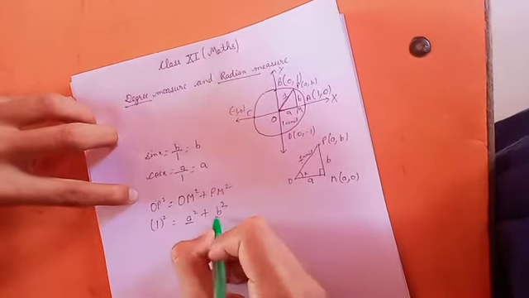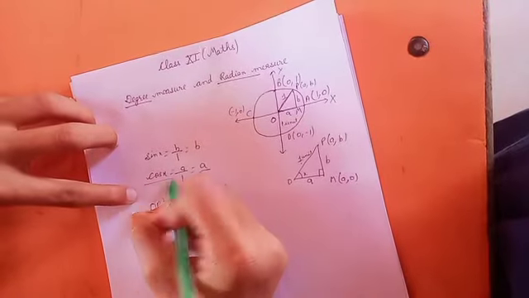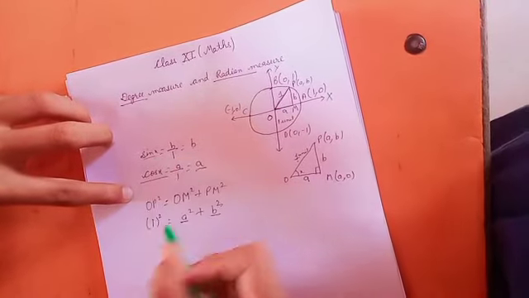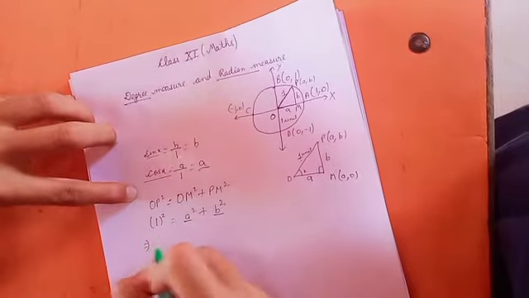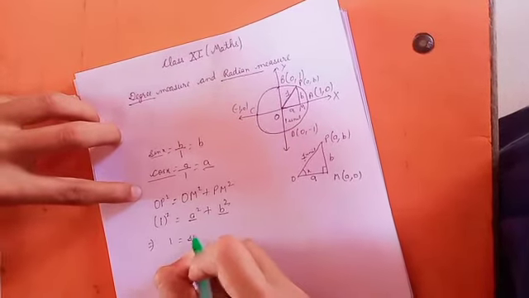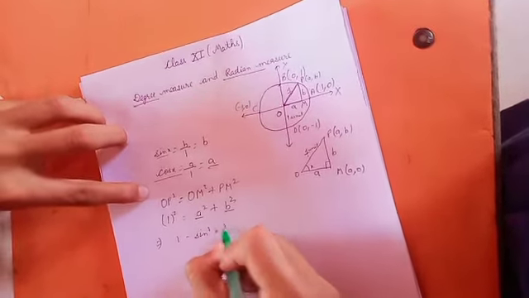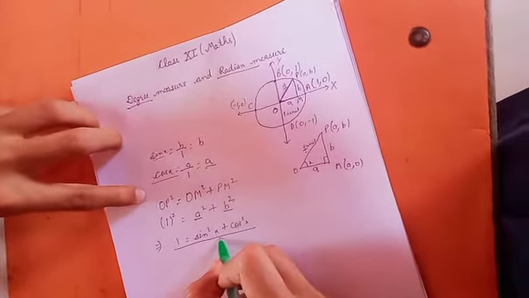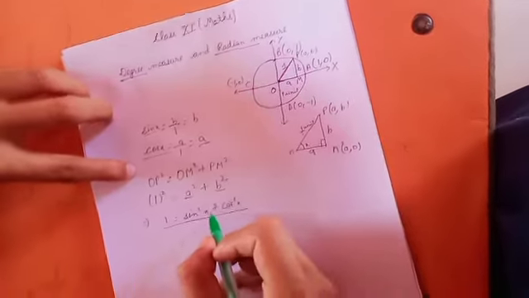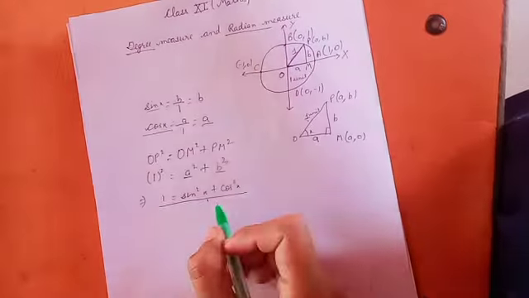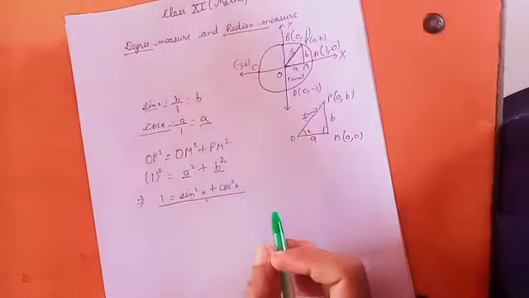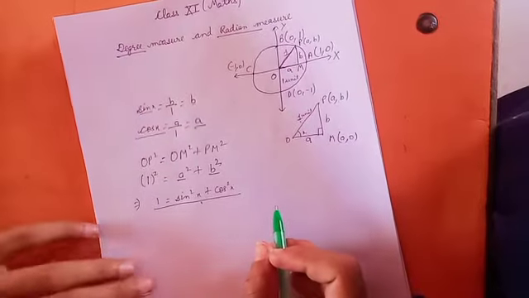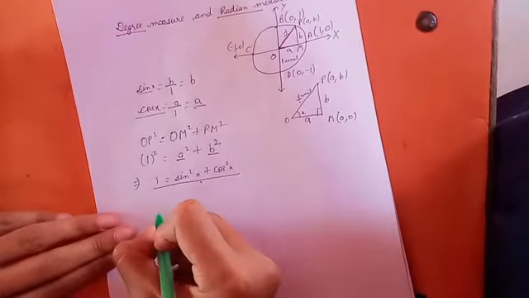But what are our a and b? a is equal to cos x and b is equal to sin x. So I can write it as 1 is equal to sin square x plus cos square x. So it is the derivation of one of our equations, and in this way we can derive the other two equations.